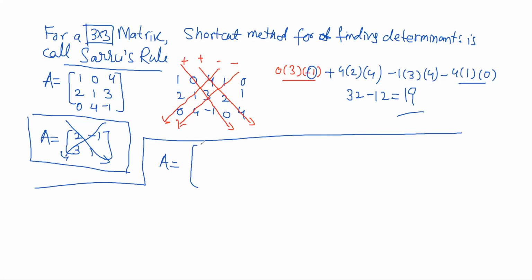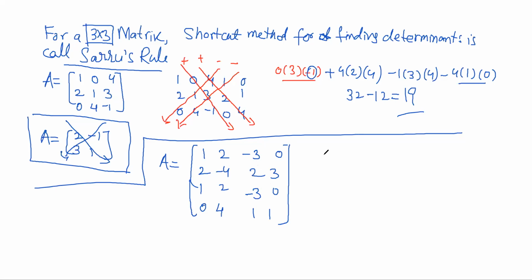For example, 1, 2, minus 3, 0, then 2, minus 4, 2, 3, and then 1, 2, minus 3, 0, and 0, 4, 1, 1. So this is a 4 by 4 matrix, okay?